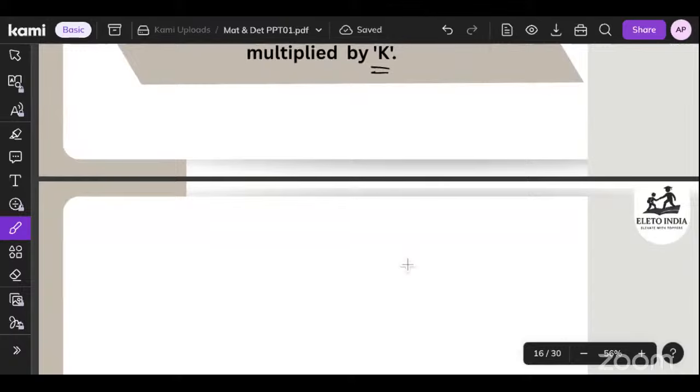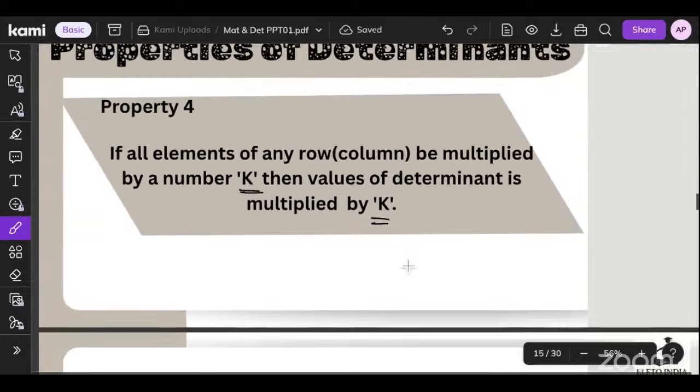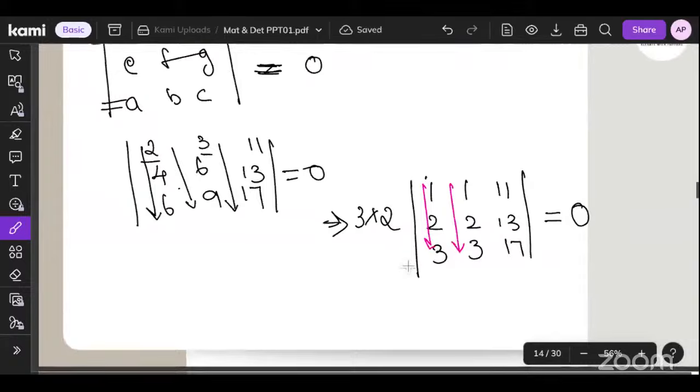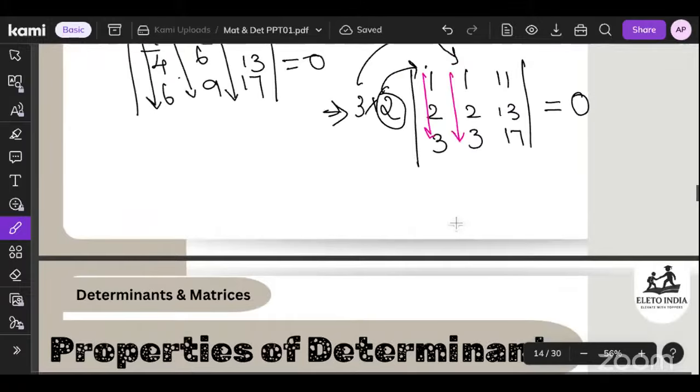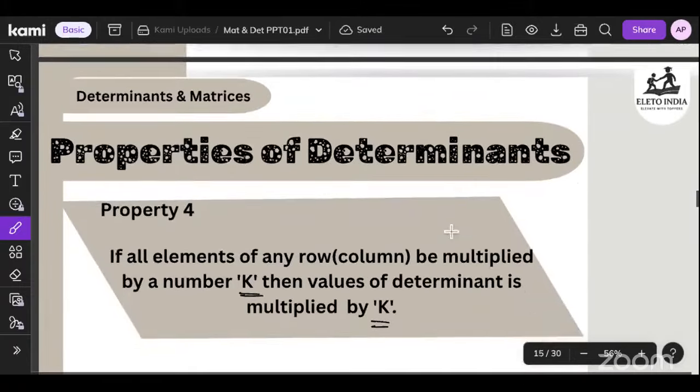It is similar to what we have done here. We took 2 out, we can multiply it to the row or column here, and then 3 to this column. This is the exact reverse of this.